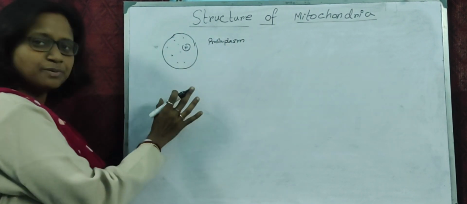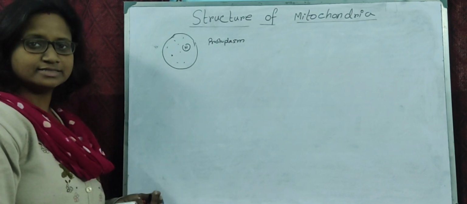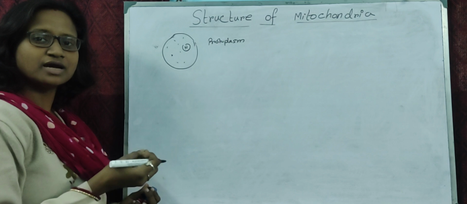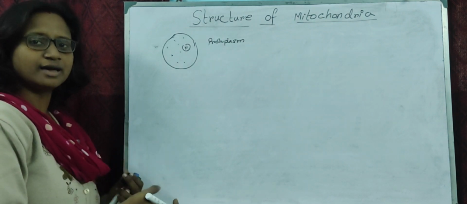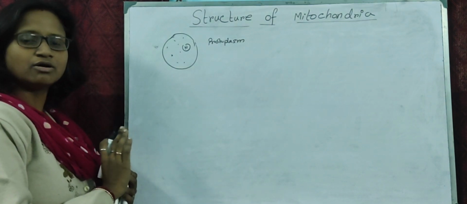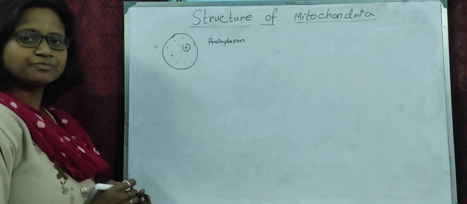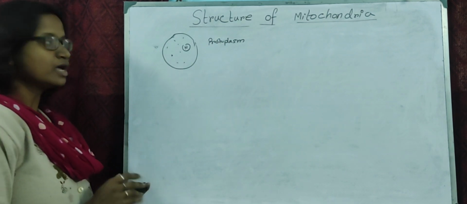This cytoplasm contains different types of cell organelles. Organelles are specific in their structure and function. There are so many organelles like ribosomes, Golgi apparatus. Nucleus is also an organelle. So these are different types of cell organelles.